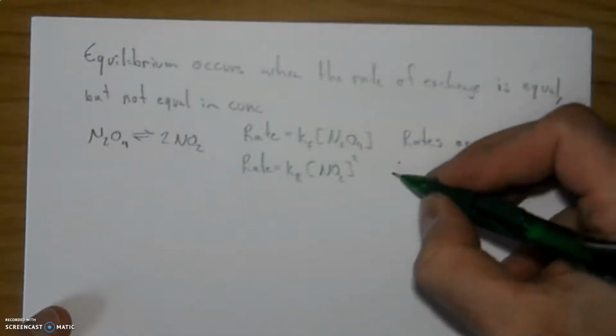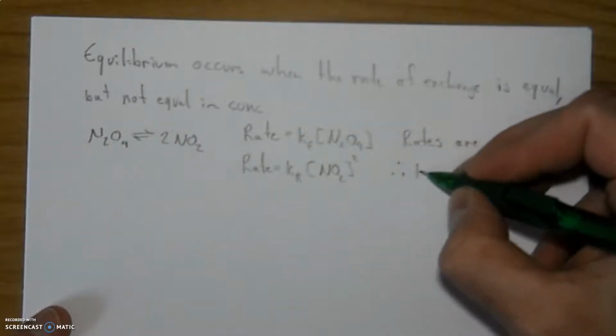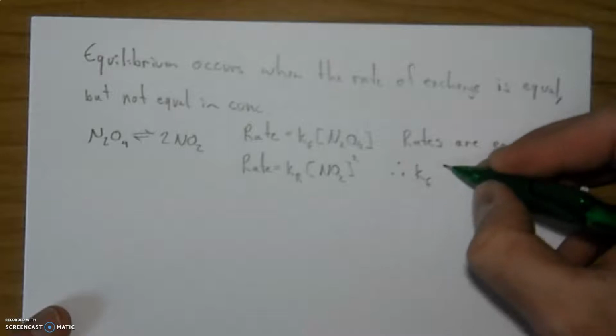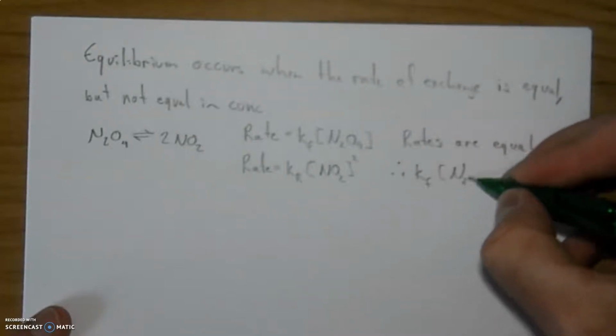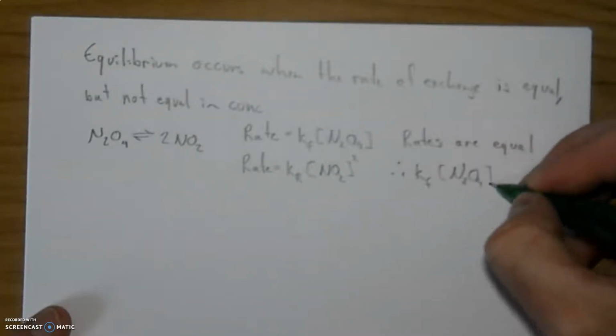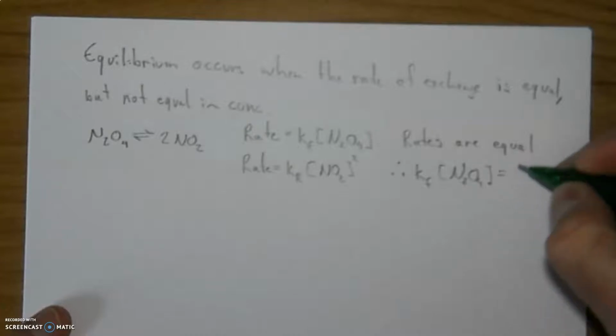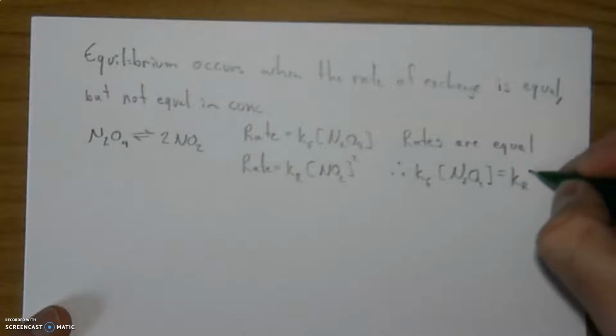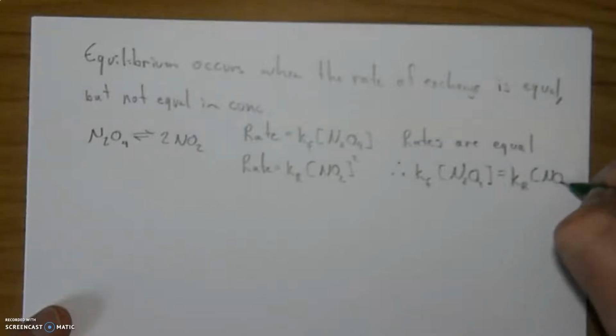Therefore, here's our leap that we're making. Kf times N2O4 is equal to Kr times NO2 to the second power.